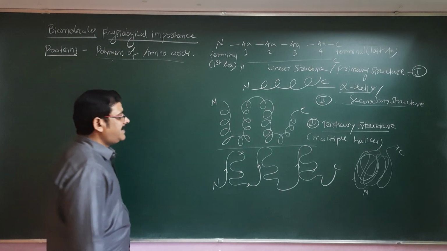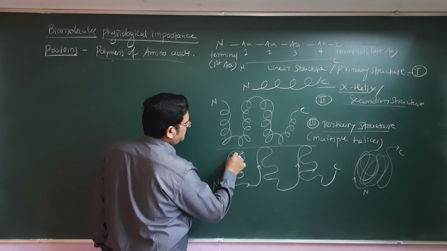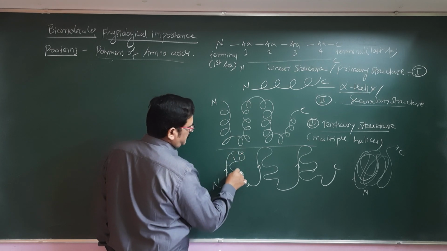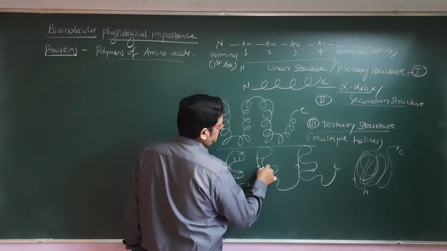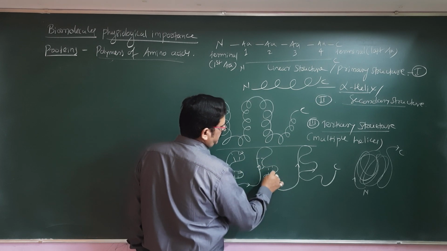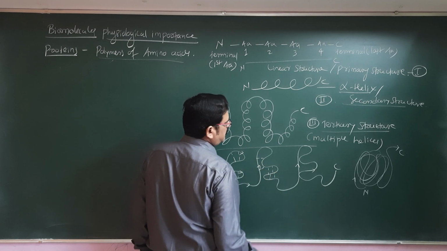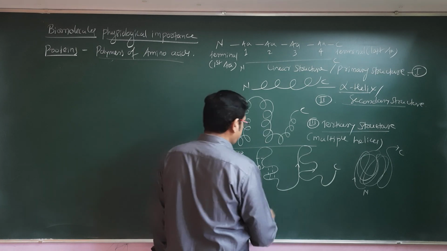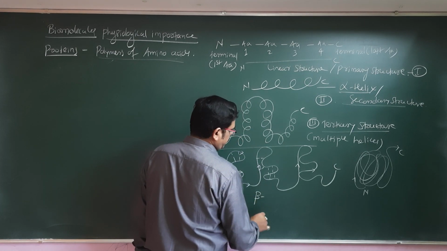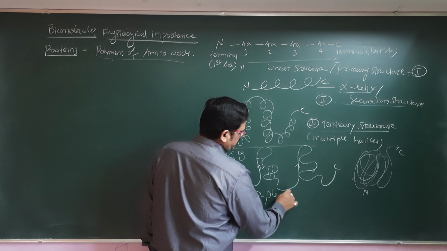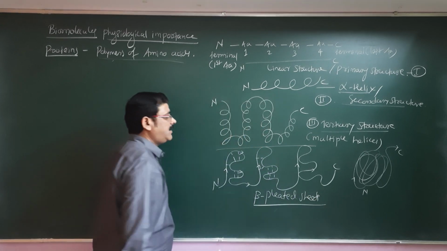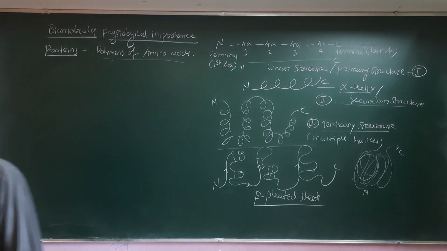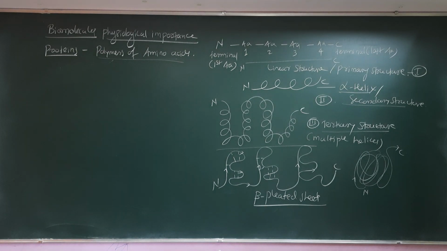So there is a formation of bonds. Intermolecular bonds are formed between these loops. We call this a beta pleated sheet. Beta pleated sheets also form the tertiary structure only. I hope you are understanding.